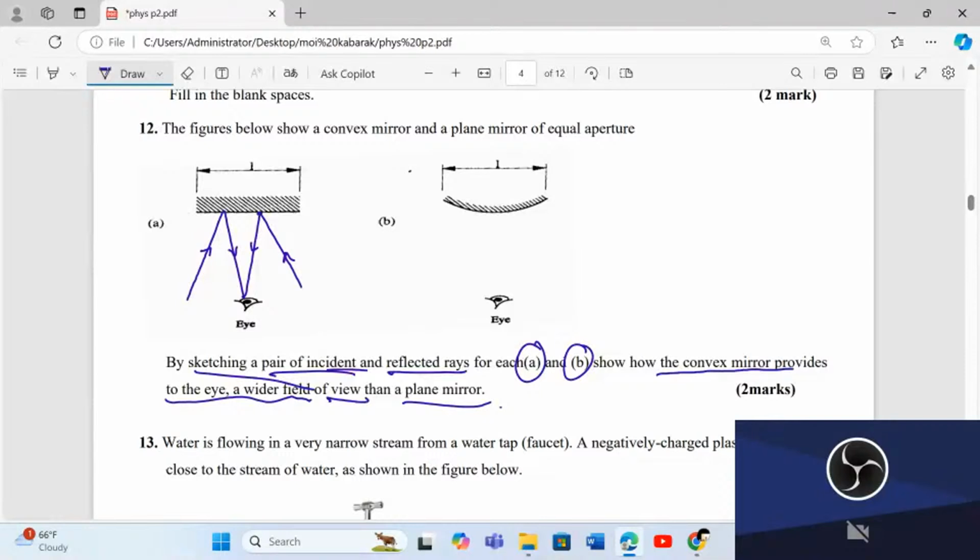Then for the second case, we now have the reflected rays in this manner. Then from this point, now you can get the incident rays. Remember, these two are the reflected ones.